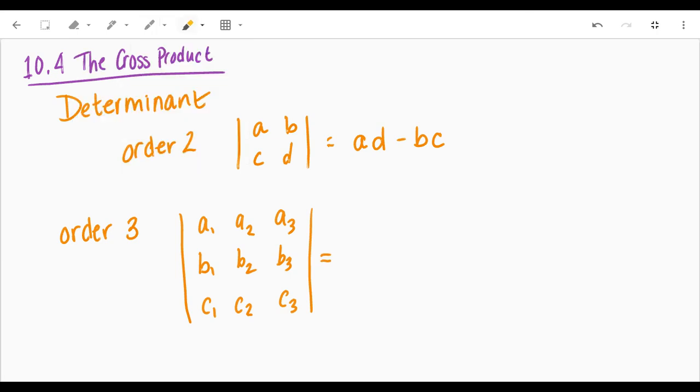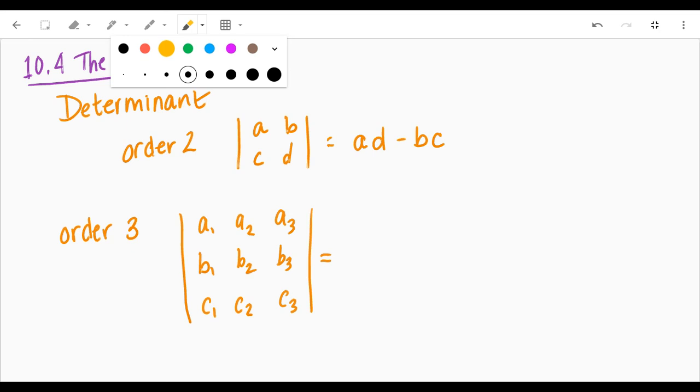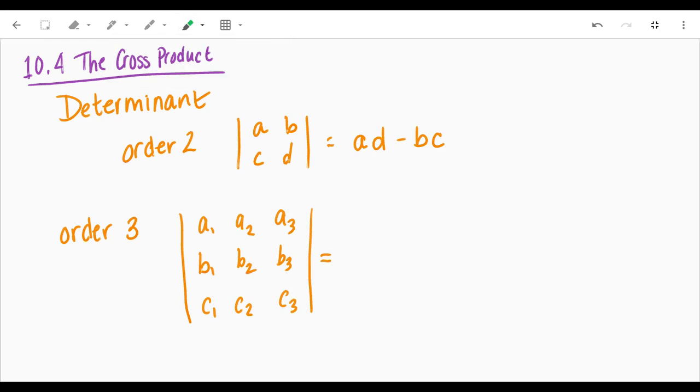is, I'm going to use a highlighter for this a little bit here. This will be fun. We'll try this. You start with your first column. And then also think about going across the top row. Then you want to do the determinant of the four that are left that make up that 2 by 2.